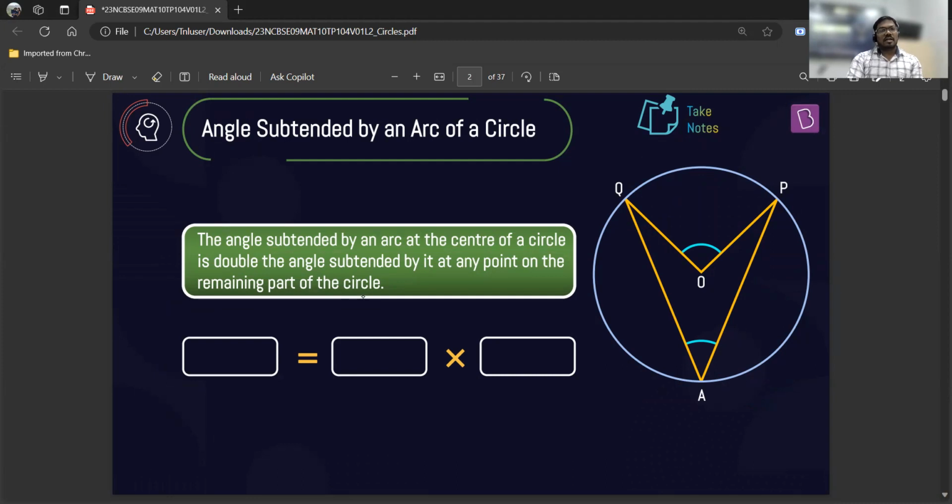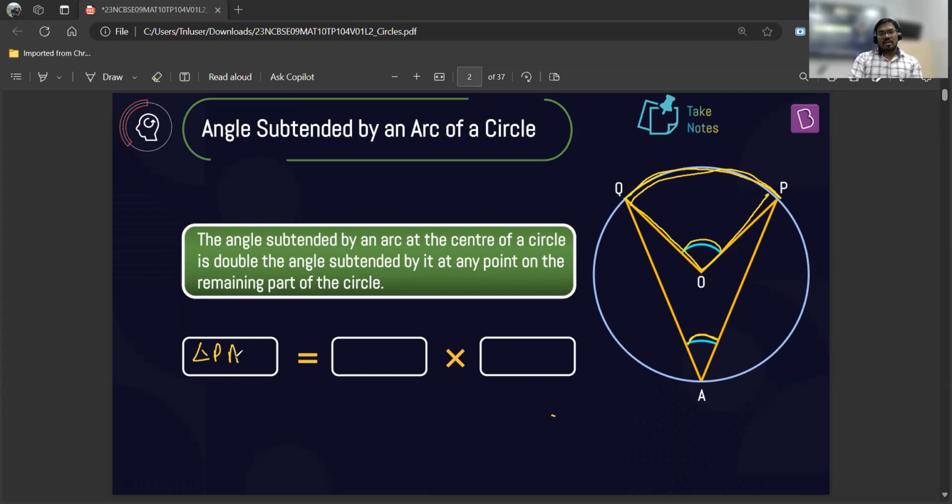The first one is the angle subtended by an arc of a circle. You can see a circle with center O, and PQ is an arc. By this arc, we have the central angle POQ and the angle at the circumference, PAQ. What is the relation between them?